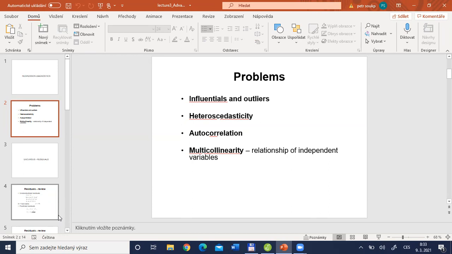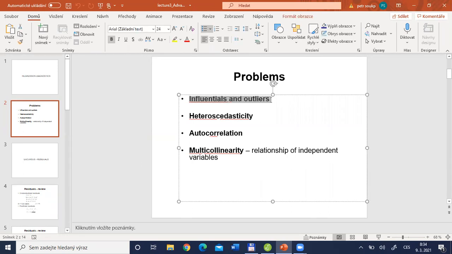Before we start to discuss individual problems, we will cover influentials and outliers, and heteroskedasticity. As we are not discussing time series, I will only mention some basics about autocorrelation. And in detail, we will cover also multicollinearity.